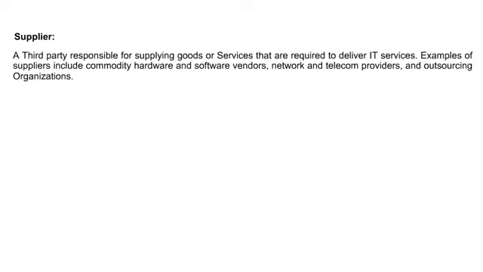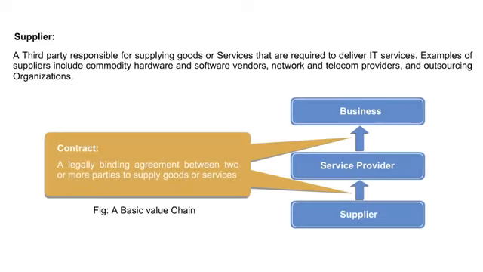Another important keyword frequently used in IT service management is supplier, who is a third party and is responsible for supplying goods or services that are required to deliver IT services. Examples of suppliers include commodity hardware and software vendors, network and telecom providers, and outsourcing organizations.